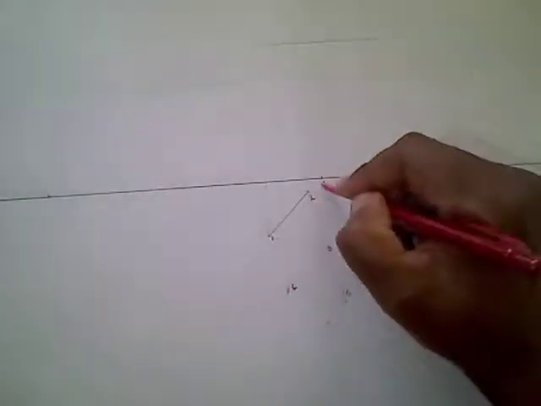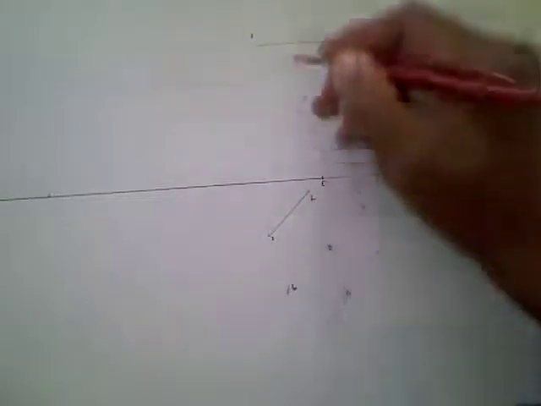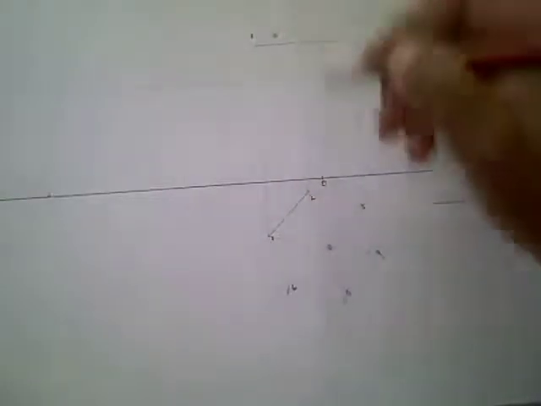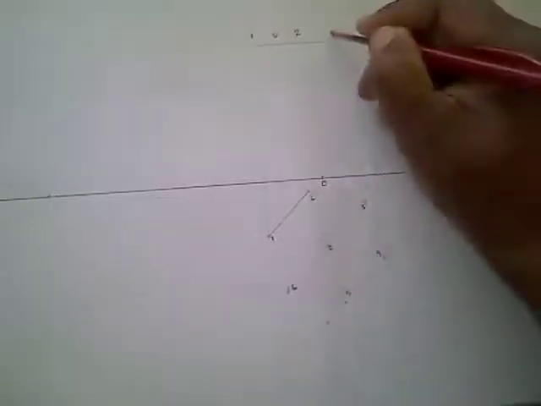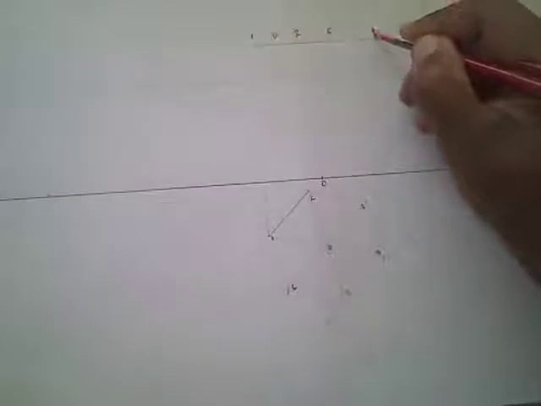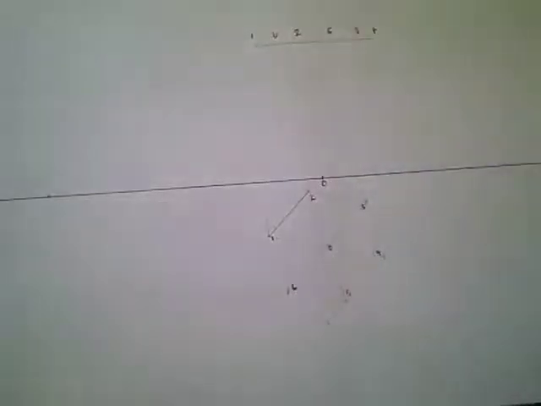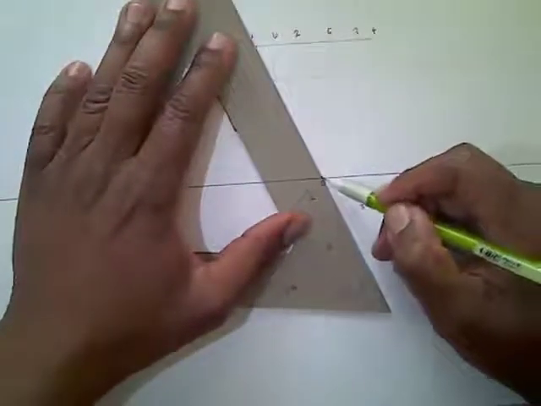There is my 0 here, my 1, my 6, my 2, my 5, my 4, and 3. All of those lines converge here. They meet here at 0. All of them.